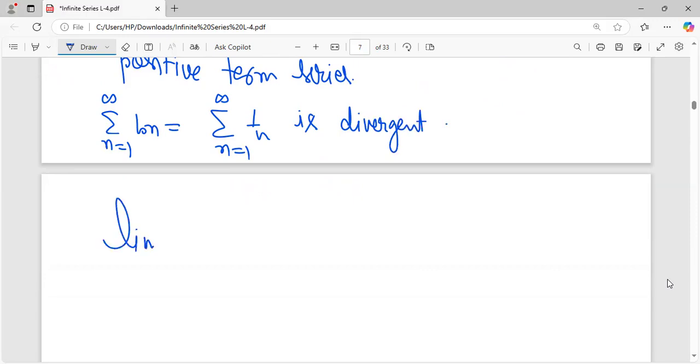Now the limit as n tends to infinity of an upon bn. What is this?